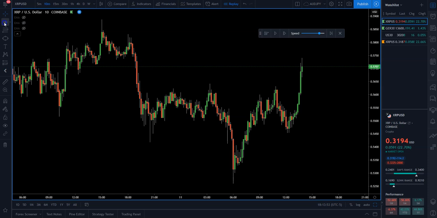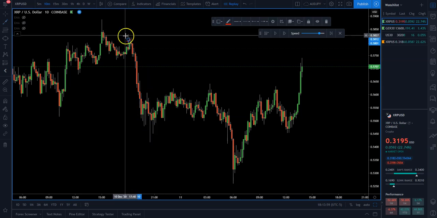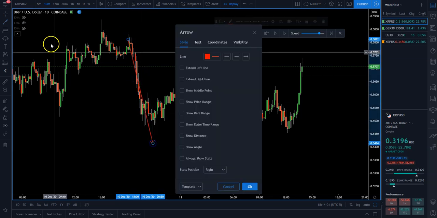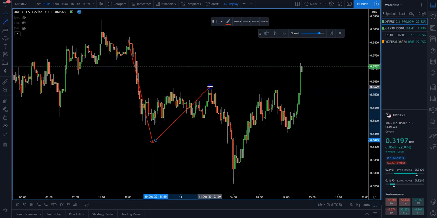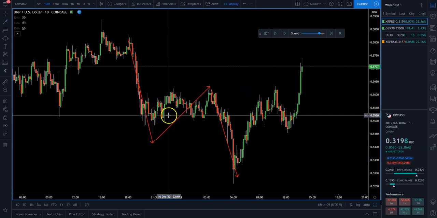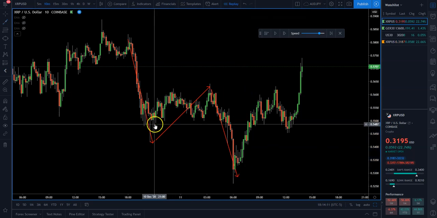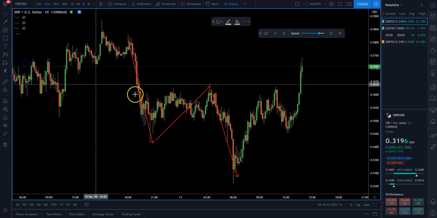As you can see, boom, boom, boom. It's still considered a downtrend. It's still considered an impulse going up. Doesn't matter if it's consolidating.